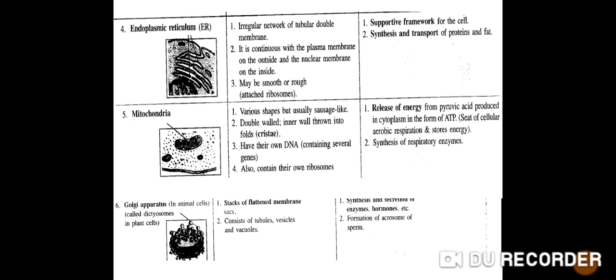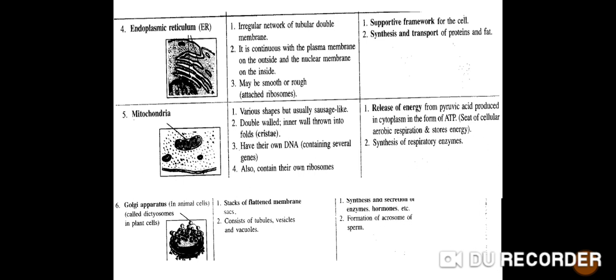The next organelle is mitochondria, also called the powerhouse of the cell, since it stores energy in the form of ATP, that is adenosine triphosphate. So, this mitochondria can be of various shapes, but usually sausage or boat like.